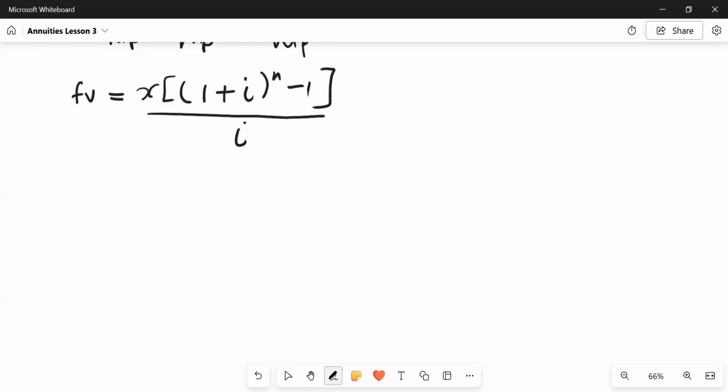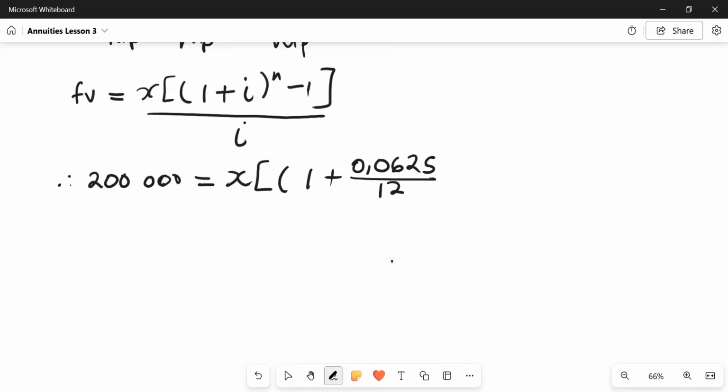So now we can see, therefore, the future value is 200,000 equal to, we're looking for x, 1 plus, divide by 100, so you'll have your 0.0625 compounded monthly. So we divide by 12, and then we use 57 for n because they've missed 3 payments. They've started 4 months later, right?